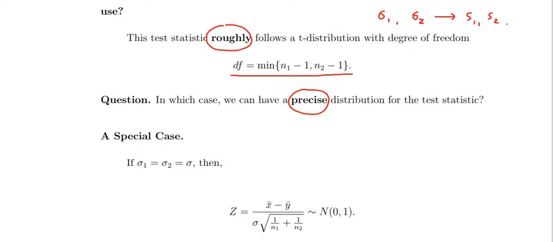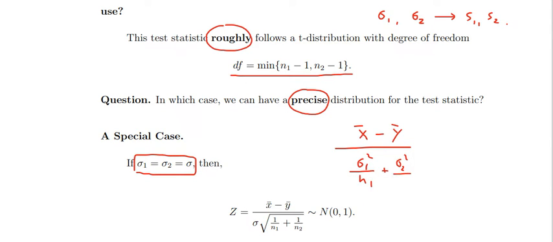If sigma 1 and sigma 2 are actually equal, then x bar minus y bar over the square root of sigma 1 squared over n1 plus sigma 2 squared over n2 follows a standard normal.